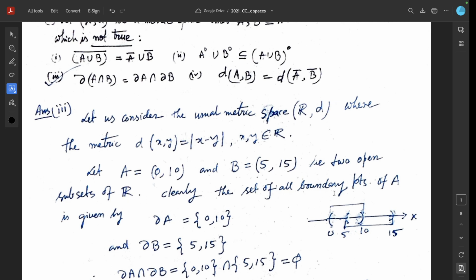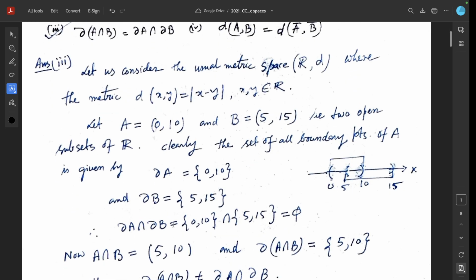Clearly, the set of all boundary points of A, given by ∂A, is the set {0, 10}. There are two elements in this set. And ∂B, the set of all boundary points of B, that is the open interval (5, 15), contains only two elements, 5 and 15.